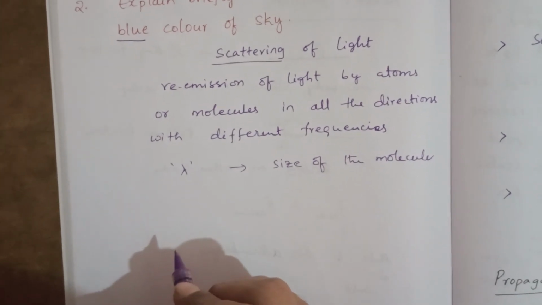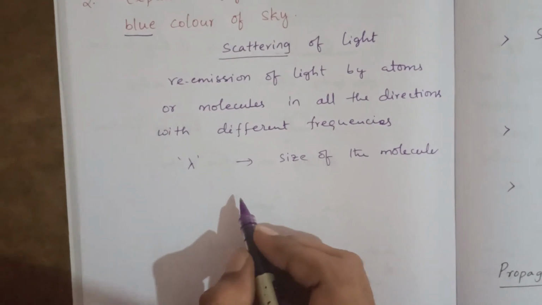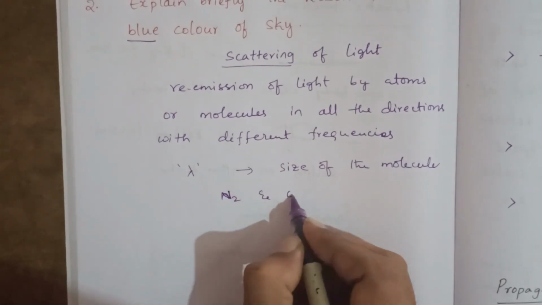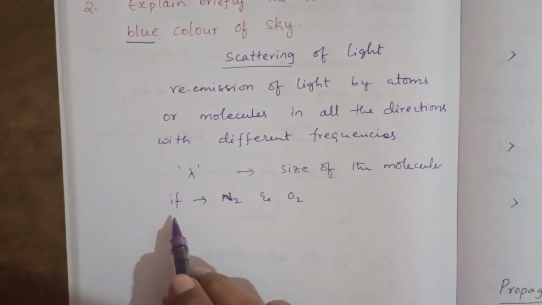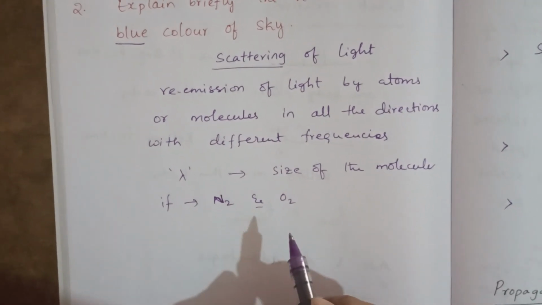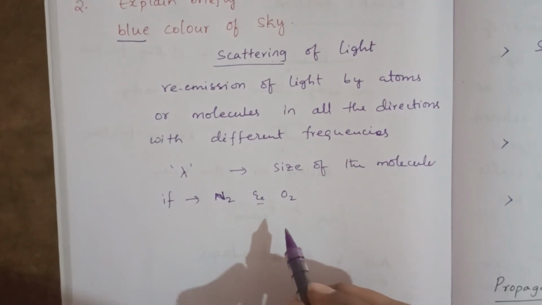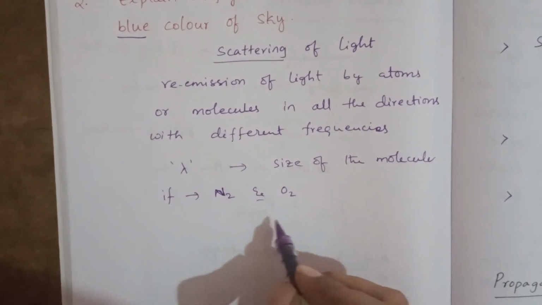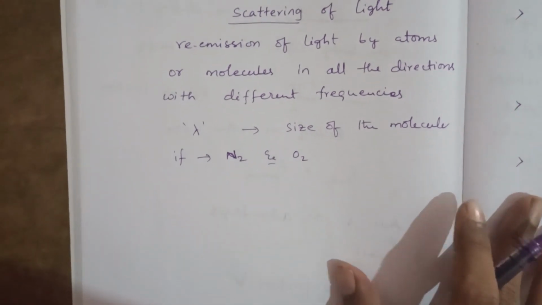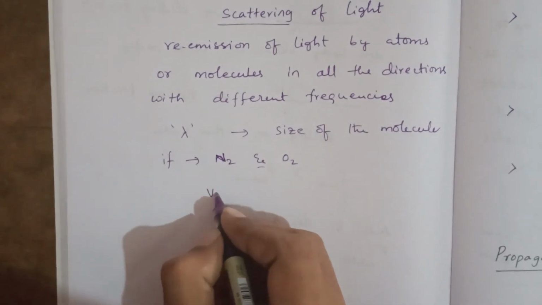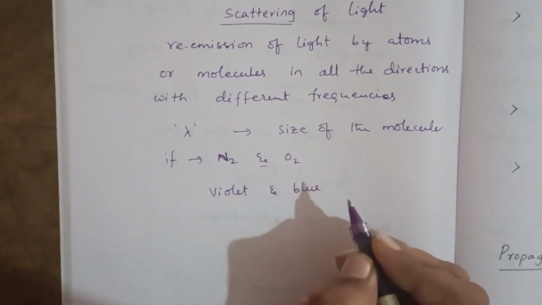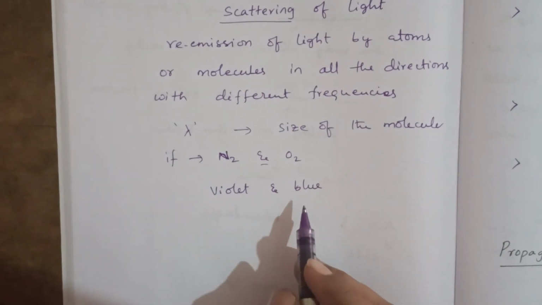Now the atmosphere contains many nitrogen and oxygen molecules. The size of these molecules is comparable to the wavelength of violet and blue color.